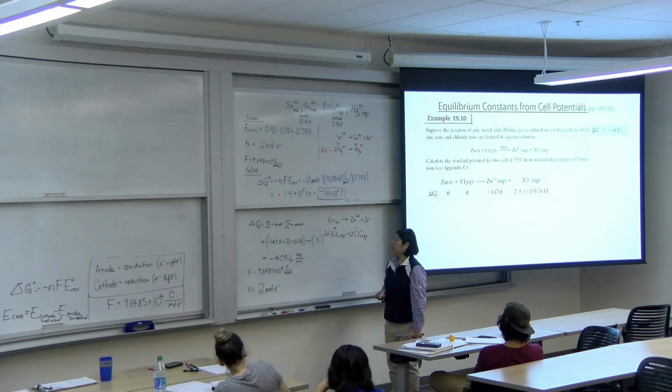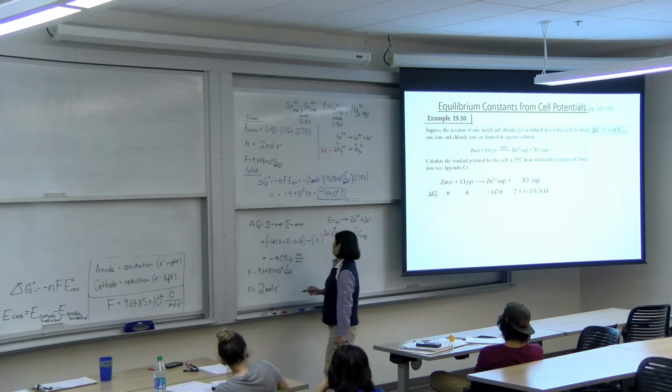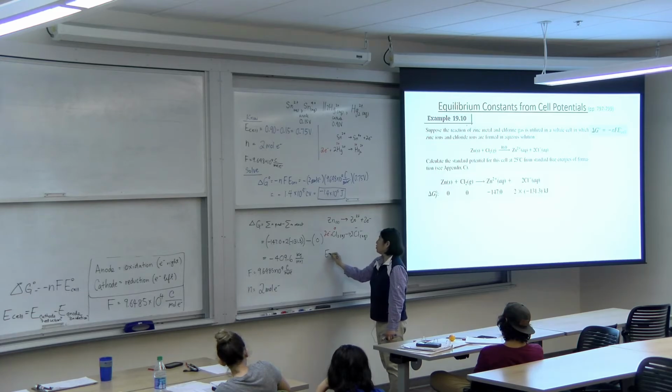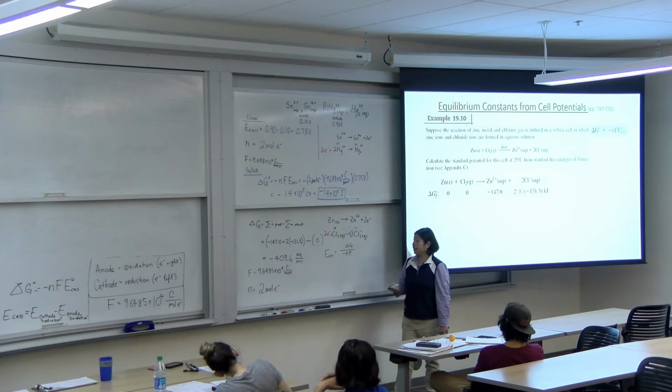And if you rearrange that original equation, delta G is equal to negative N F E cell. You're solving for E cell, so E cell is really equal to delta G divided by negative N F. Do you guys agree? I'm just rearranging it algebraically.